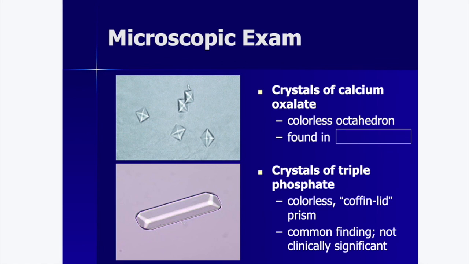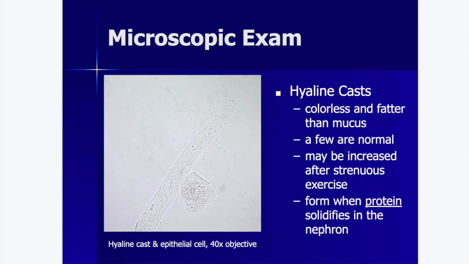So we have calcium oxalate. You can see what they look like right here. And then crystals of triple phosphate we have right there. So you can kind of see that one's pretty common, not clinically significant at all. Hyaline cast we have here. This is just an epithelial cell. They are colorless.